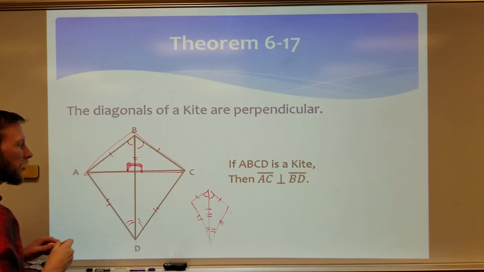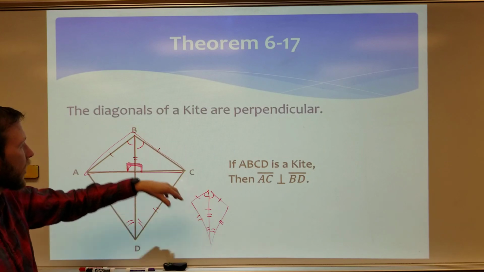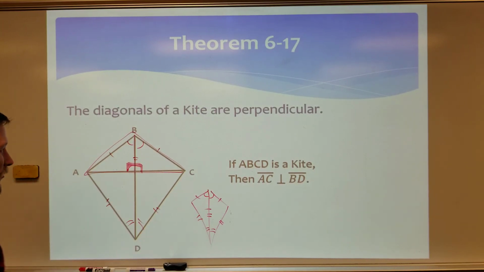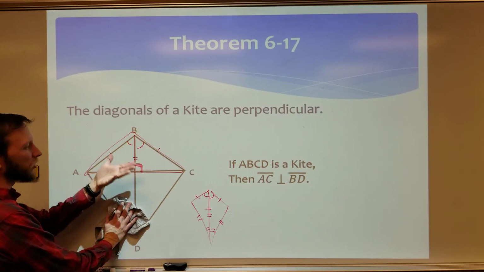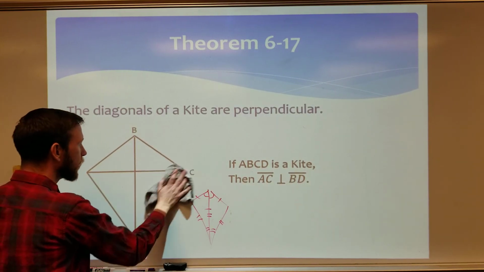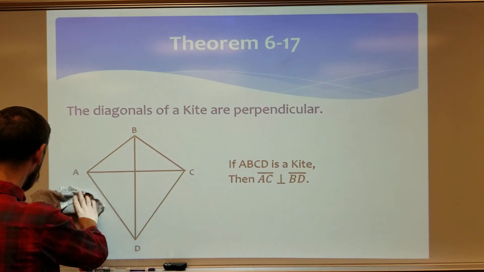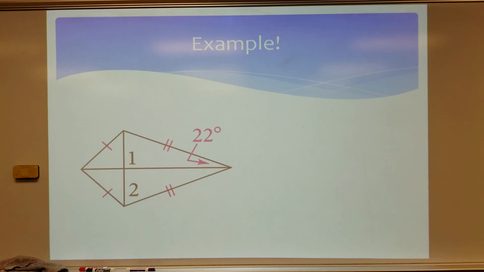All right? That one's a little bit of a tricky proof for us because it involves proving these triangles congruent and then going here, kind of like we did in lesson 4.7. And so I want to make sure that you recognize that you are capable of doing that, but I'm not going to have you do that proof right now. You don't have to write that out, but you should be aware that the diagonals in a kite are perpendicular.